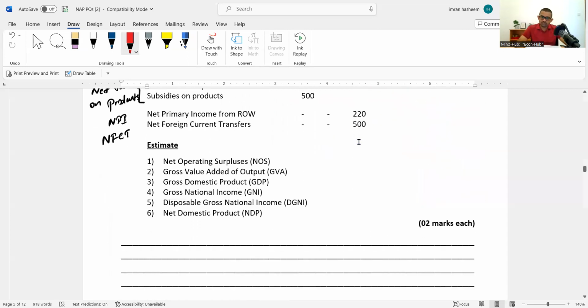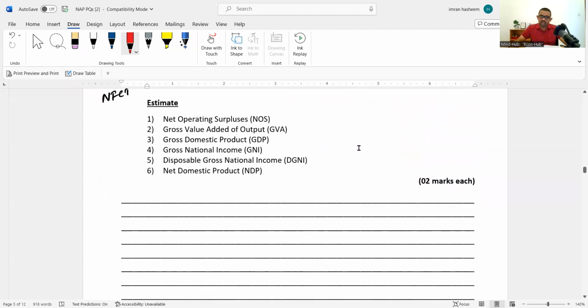So the proper calculation to estimate net operating surplus, I said I will not be doing the calculation with you. You need to do it quickly and give me the answers, okay?